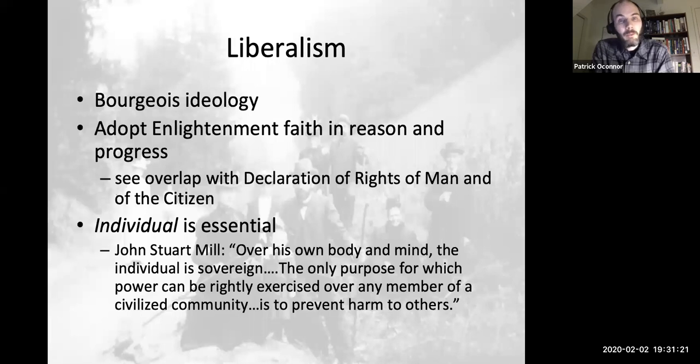If you think back to last week, in the last couple of weeks actually, to our discussions of the Declaration of the Rights of Man and of the Citizen, right? That essential document of 1789, that essential document of the French Revolution, you're going to notice a great deal of overlap between that and the basic principles of liberalism, what John Stuart Mill is talking about here. That moderate phase of the French Revolution, we could fairly call a liberal phase, right?